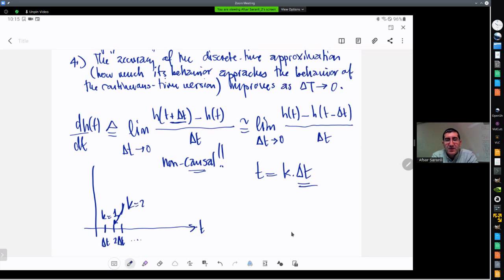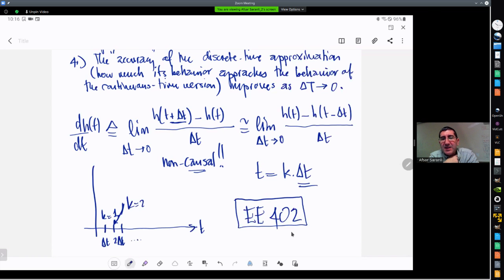That's perfectly the case. In fact, hopefully in EE402, you will dive into the intricate details of how small delta t should be, what happens if it's not small enough, what kind of behavioral changes there are as delta t becomes larger, and so on.